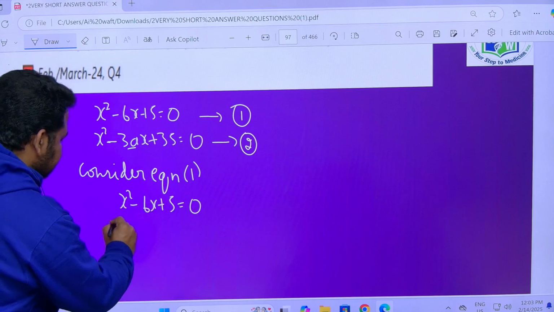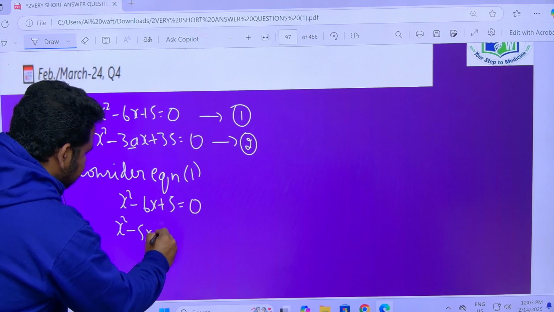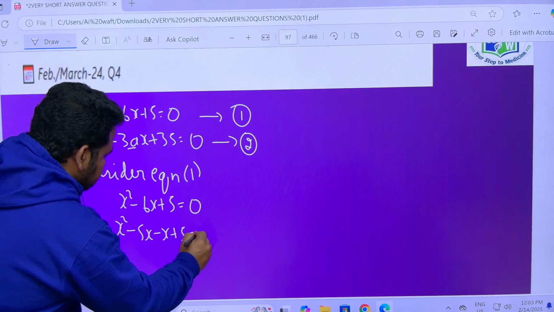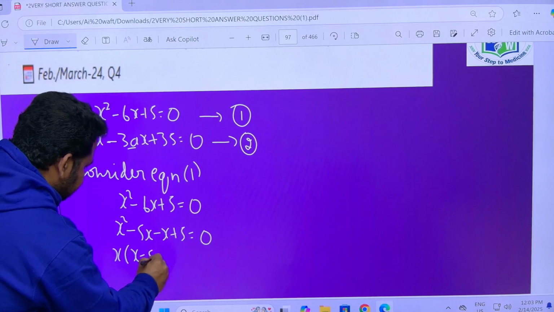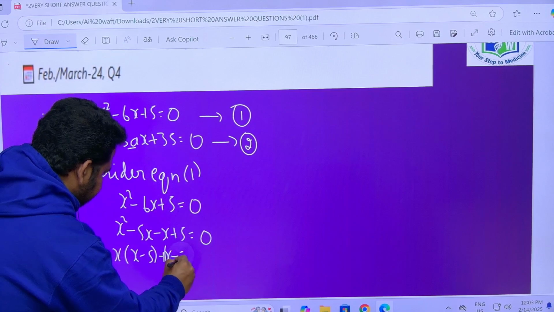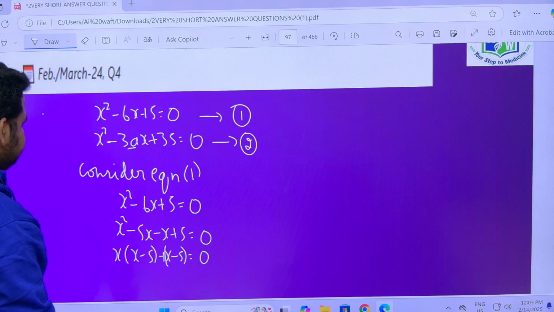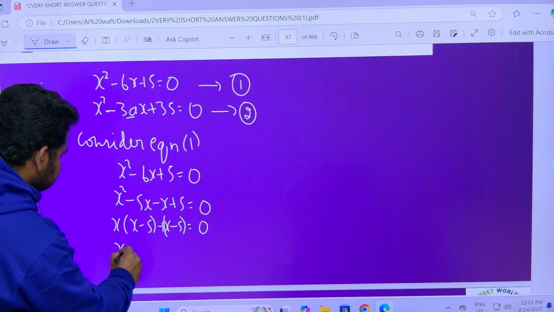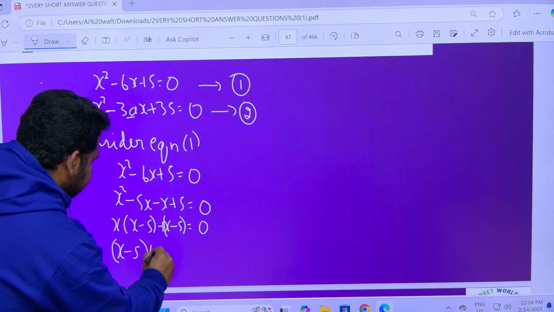So this can be written as x square minus 5x minus x plus 5 is equal to 0. By solving this, I can take x into (x minus 5) minus 1 into (x minus 5). So we get (x minus 5) and (x minus 1) is equal to 0.